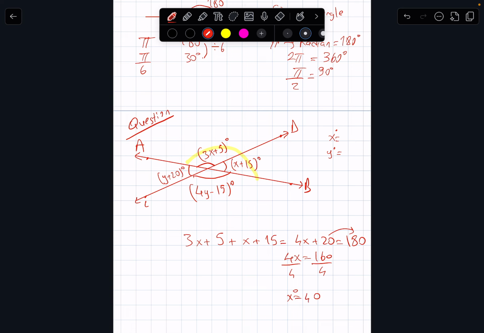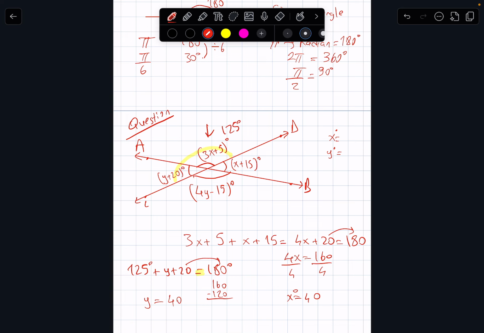Okay, I got this. Now let me just find this angle. 40 times 3, 120. Add 5, 125. 125 degrees plus y plus 20. Now I'm looking at this angle, which is equal to 180 degrees. So y, actually just leave y alone. Take it to the other side, 160, and again subtract 120, 40.